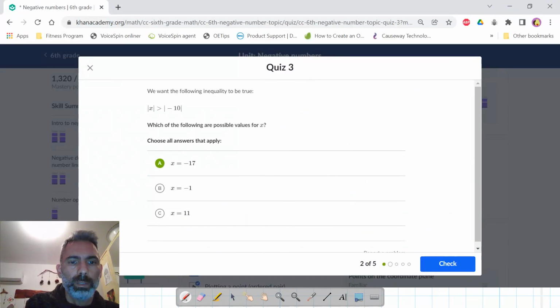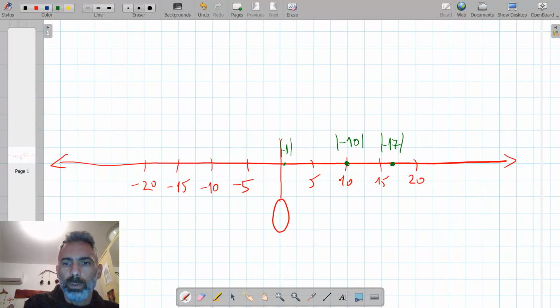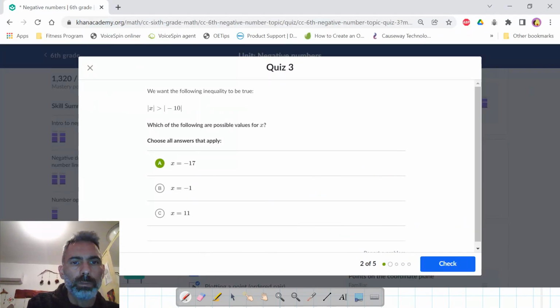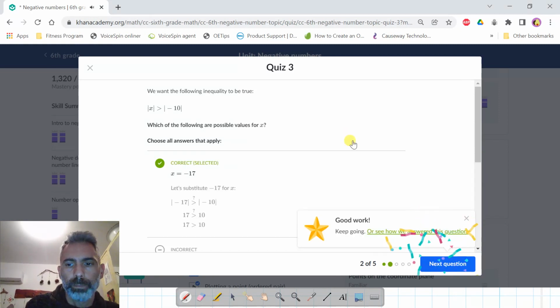So option B is not correct. X equals 11. The absolute value of 11 is here, and it is indeed greater than the absolute value of negative 10 because it is to the right. So option C is also correct.